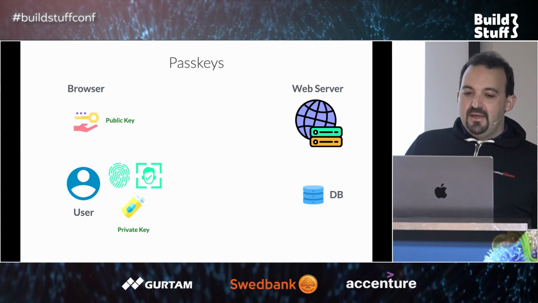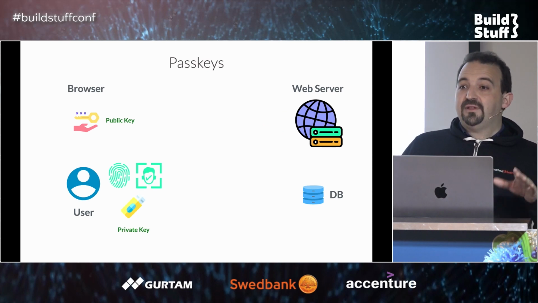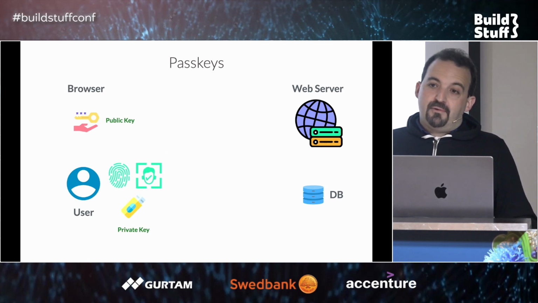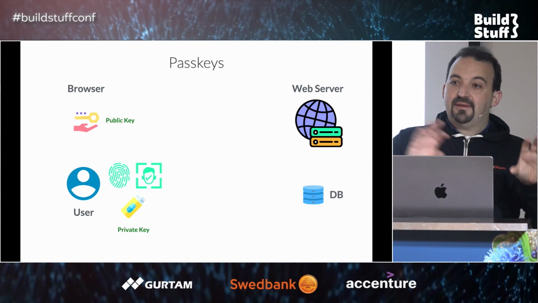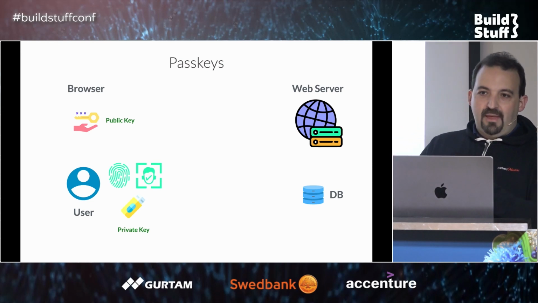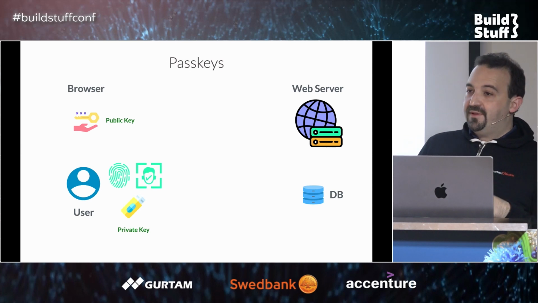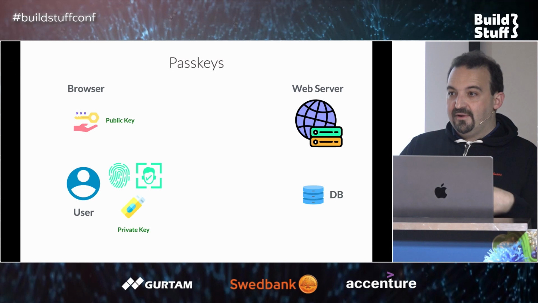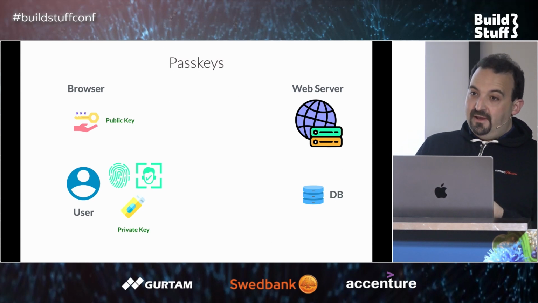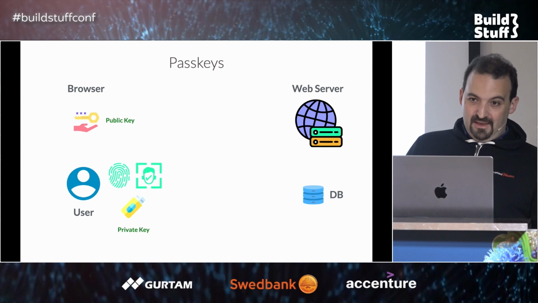And this is how it works. There are two keys, and this has to do with cryptography and private and public keys. I don't have enough time to get too deep into the details, but there is a system in the device or in the browser that will generate a pair of keys, a private key and a public key.